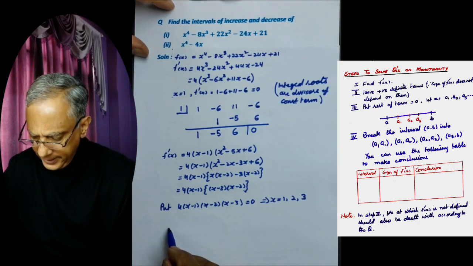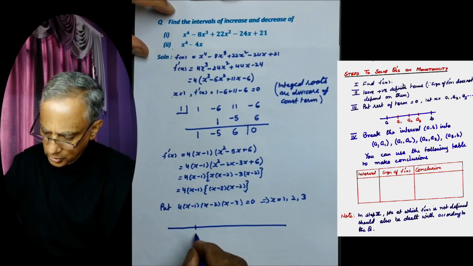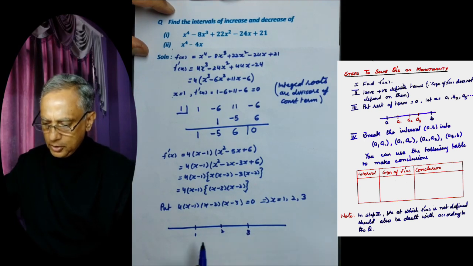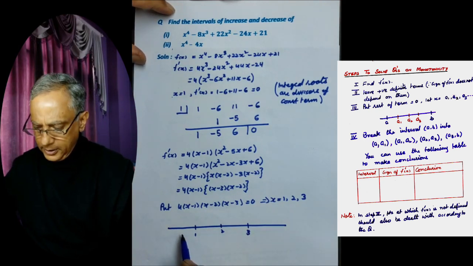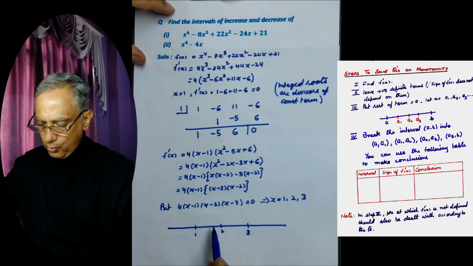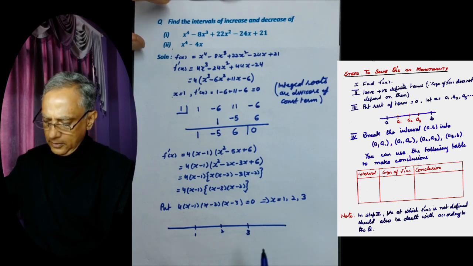So we divide the number line into these intervals. This is 1, this is 2, this is 3. So we will divide the number line into these intervals: minus infinity to 1, 1 to 2, 2 to 3, and 3 to infinity.